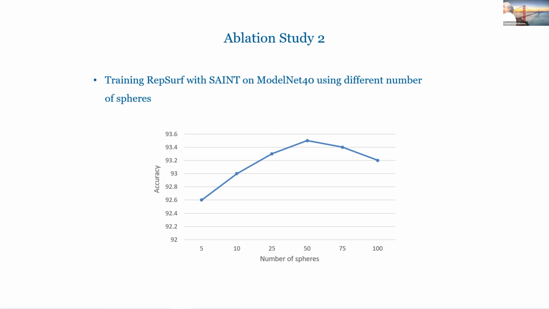I mean, does the peak point mean that if there is a slight decrease, the number of spheres is more than 50, so there is a slight overfitting? Right. Like I said, I think maybe beyond 50, it's getting more confused between different objects.